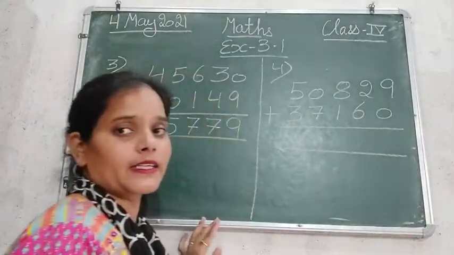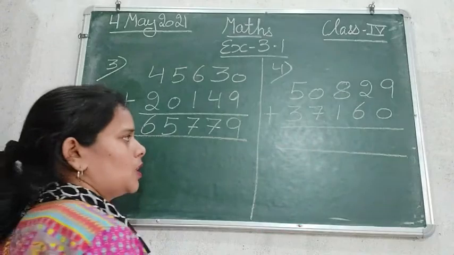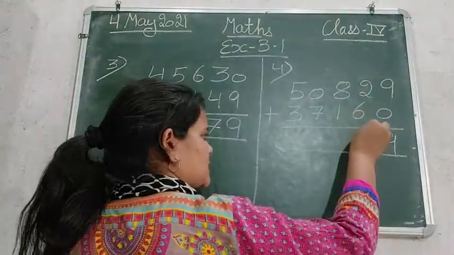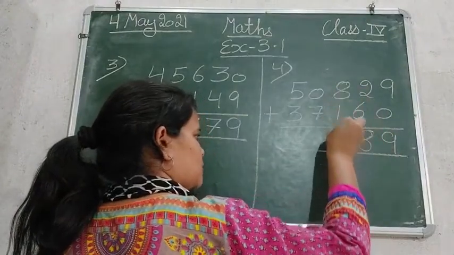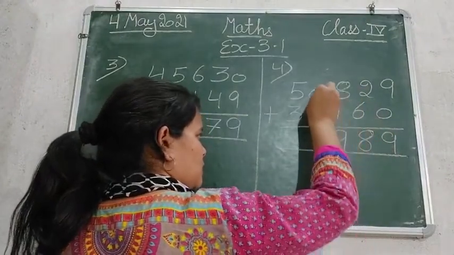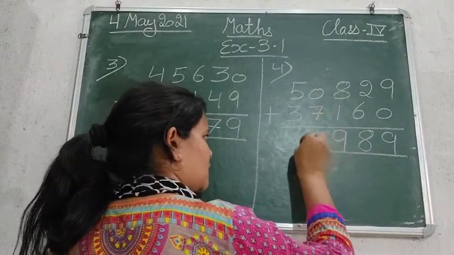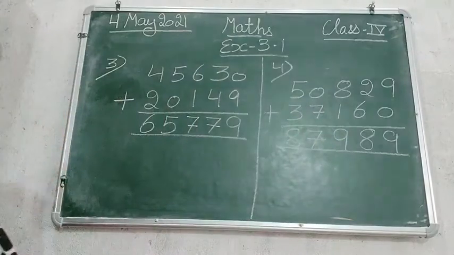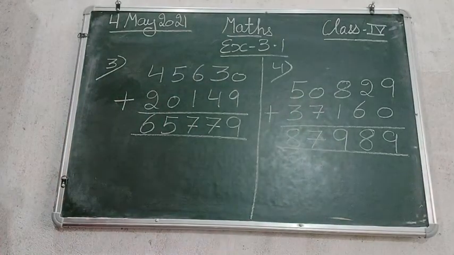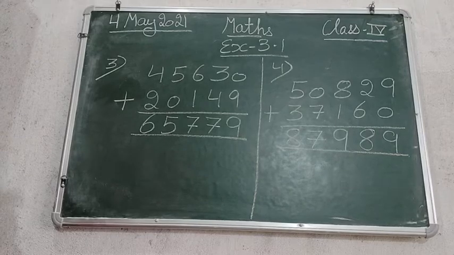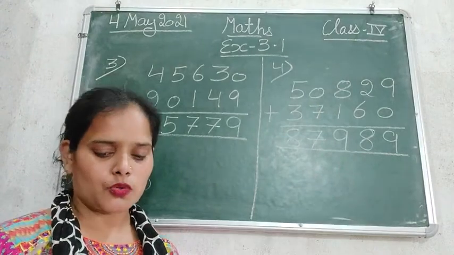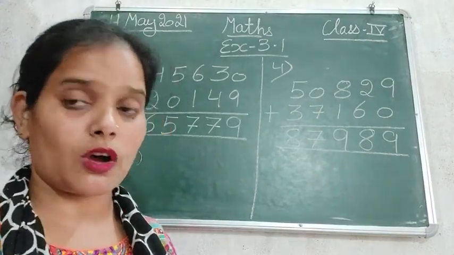Now let's add them. 9 plus 0, 9. 2 plus 6, 8. 8 plus 1, 9. 0 plus 7, 7. 5 plus 3, 8. So the answer is 87,989. After adding 50,829 with 37,160, we got 87,989. So this is how you are going to do the sums of addition.